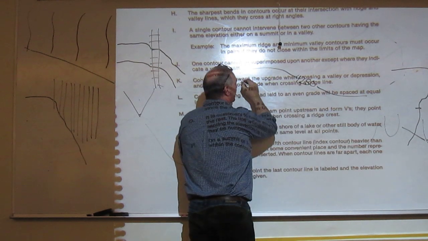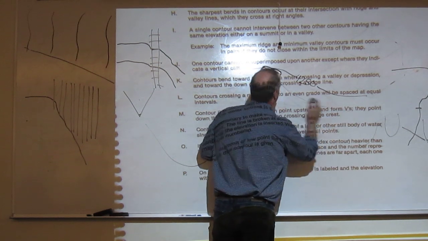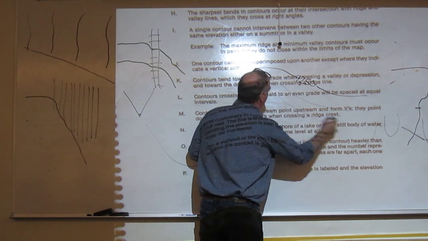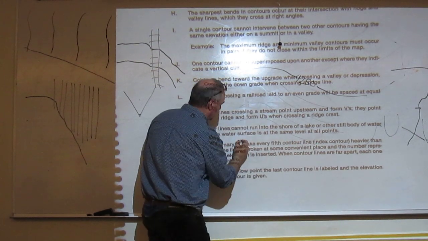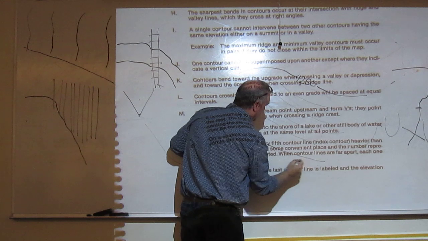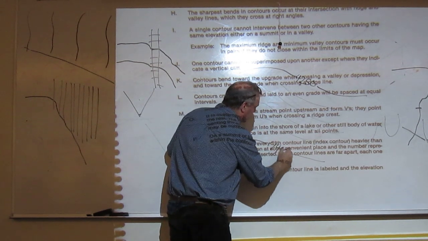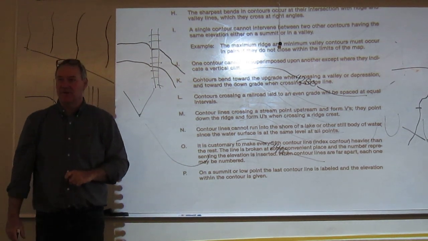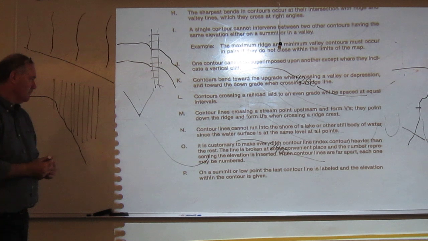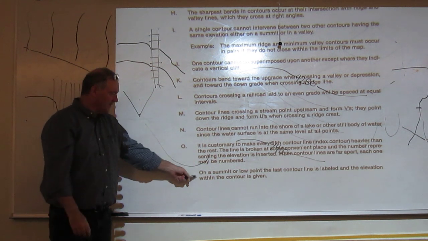My minors that go through it will be thinner, and they won't be labeled. Then I'm going to come back to another major, and this one might say 4,400. So the only ones we label are the majors. On some very low point, we use a spot elevation.